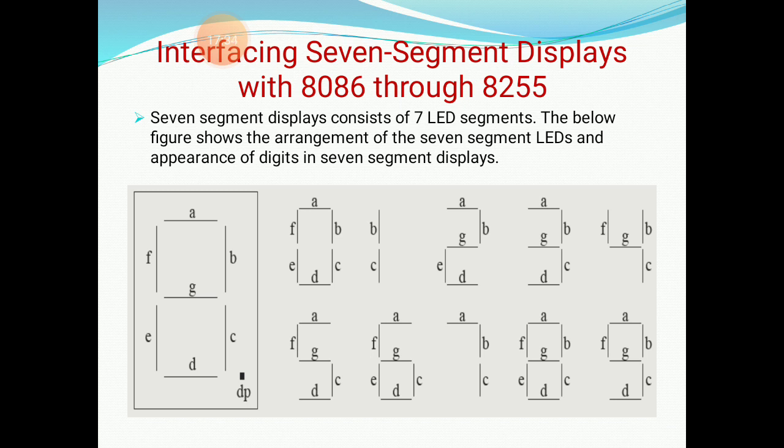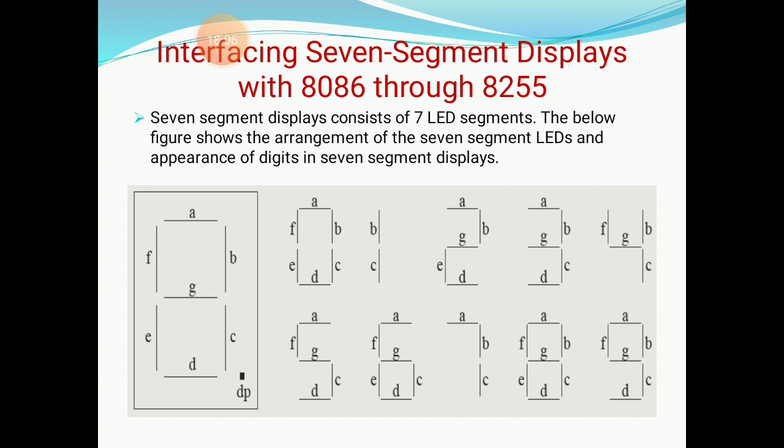To display the BCD number 0, the required segments will be on, called A, B, C, D, E, F. These segments will be on by sending either logic 1 or logic 0 to that segment. To display BCD number 1, only 2 segments are required, B and C. These 2 segments will be on by sending either logic 1 or logic 0 to the segments.